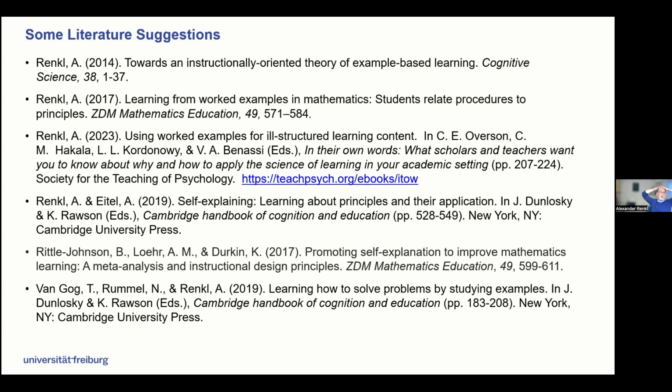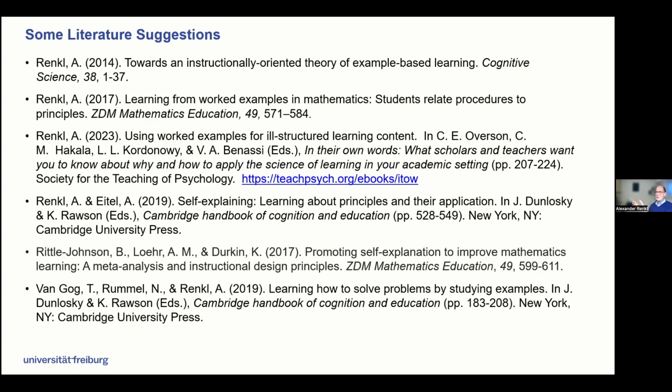And I also like Bethany Rittle-Johnson's meta-analysis on promoting self-explanation to improve mathematics learning, because I think self-explanation prompts go quite well with worked examples, because I have the cognitive capacity available to concentrate on these self-explanations. Whereas if I combine it with problem solving, I might be torn between getting to the right number or understanding it.